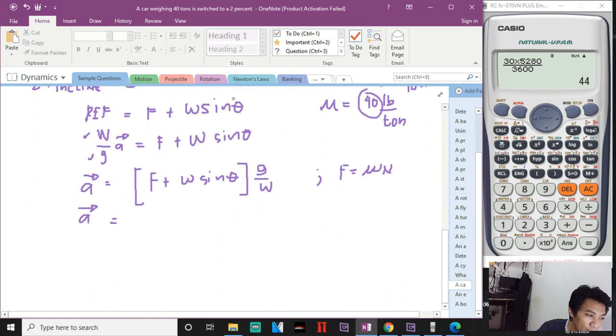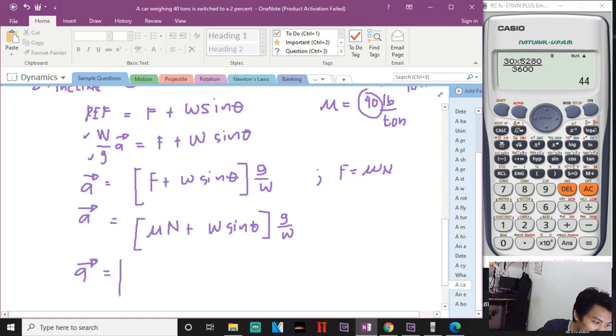If that is 10 pound per ton, we get acceleration equal to mu N plus W sin theta, times g over W. What is mu? That is 10 pound per ton times 40, since 40 tons, plus W, the weight, which is 40 tons, sin theta. What is our theta?